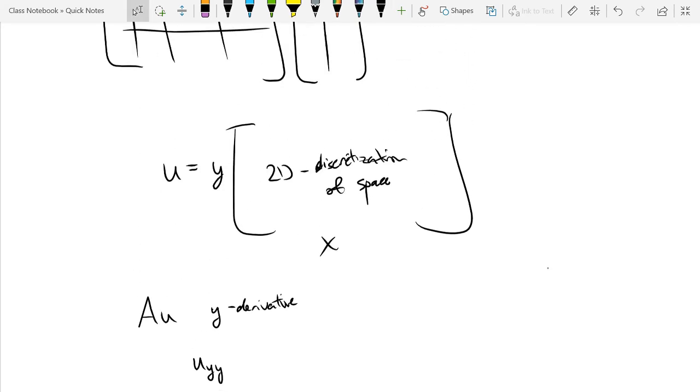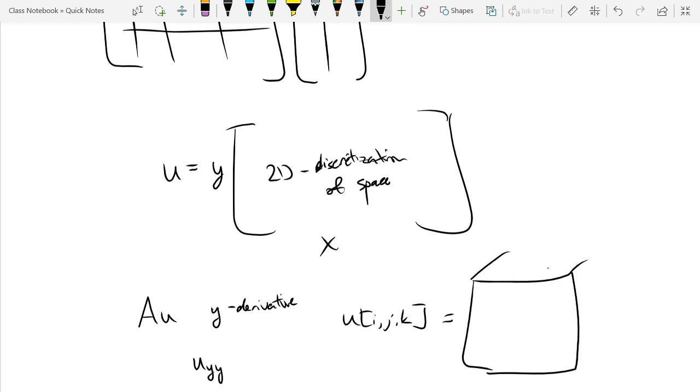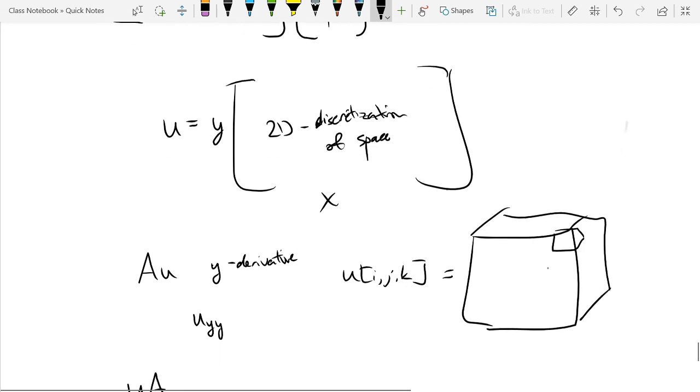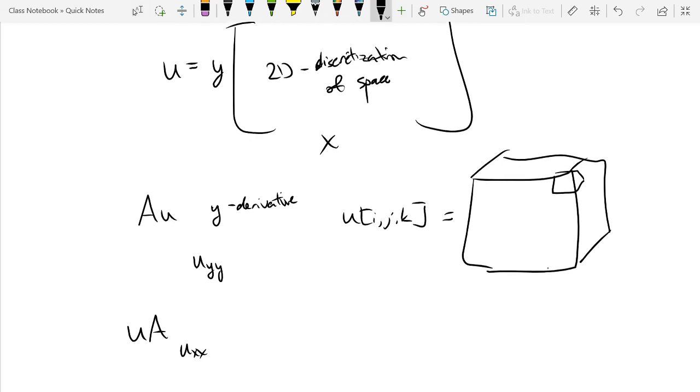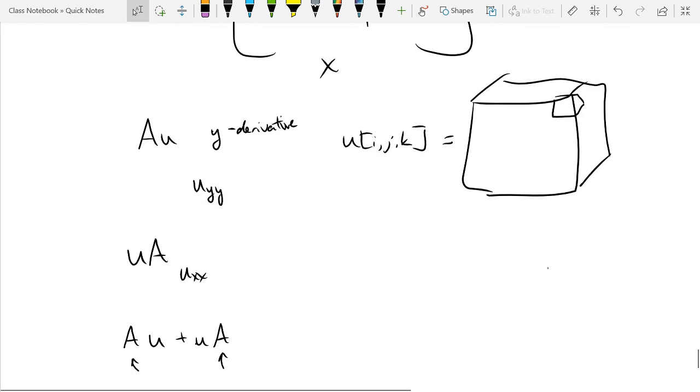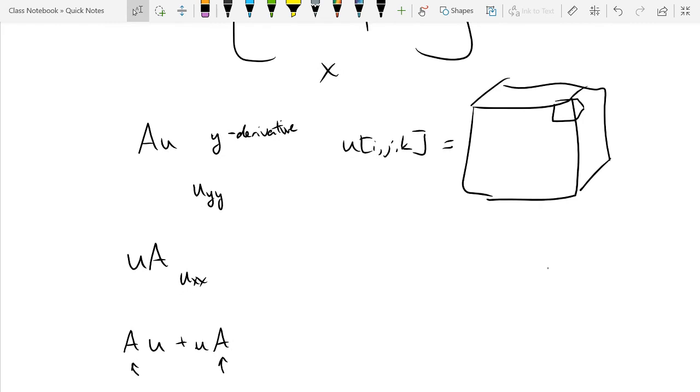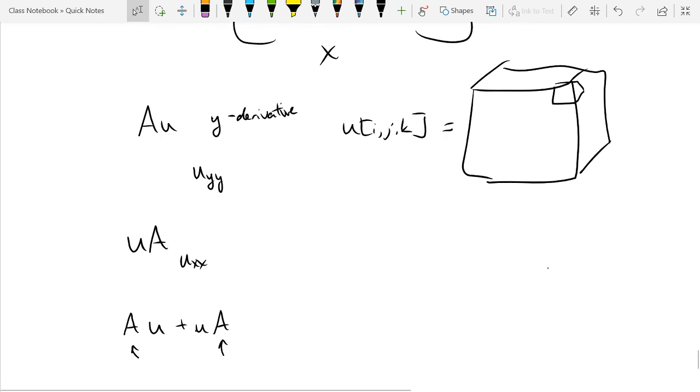So if we had a 3D discretization of space, then we make u of i, j, k equal to this cube of points. Right? So if we have this cube of points, then that means we want to apply x derivative operations going across the x axis, all these different ways of slicing this cube. And so we need to come up with a way of writing these tensor operations. But even in that case of 3D, it still comes down to doing the 1D stencil along different axes.